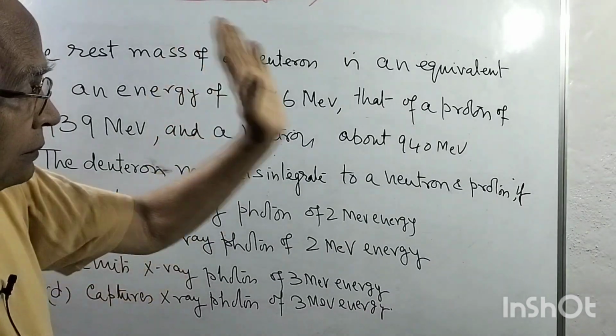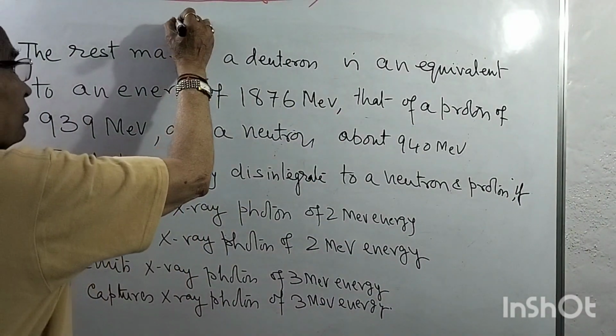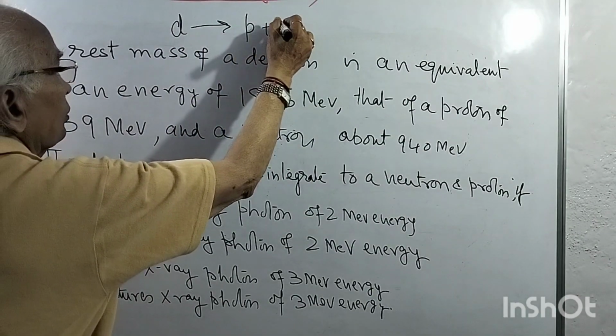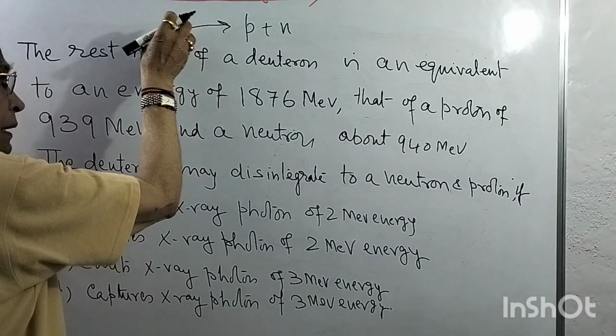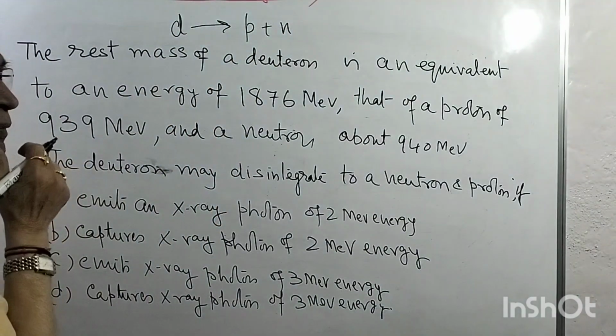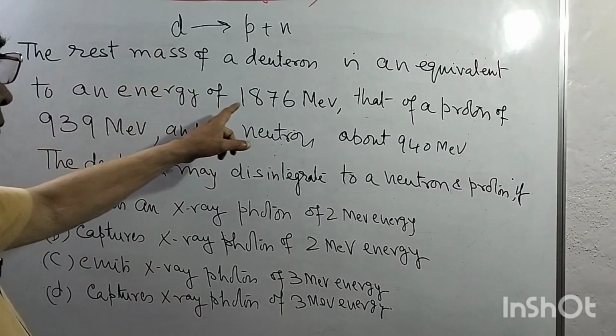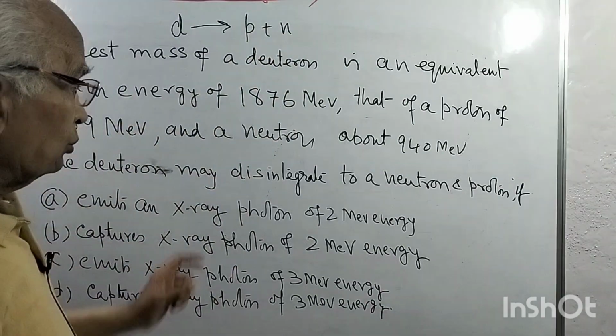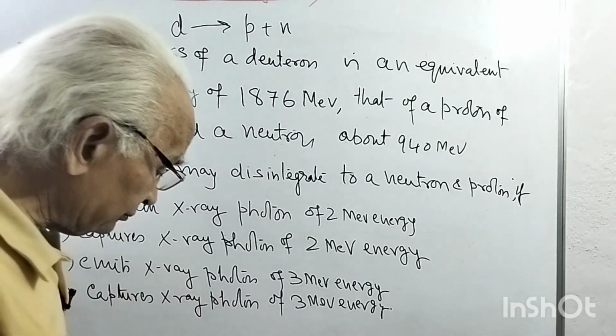That deuteron may disintegrate. You see, deuteron disintegrates to proton plus neutron. But the energy on this side and this side must be equal. So deuteron is 1876. Proton and neutron both together.